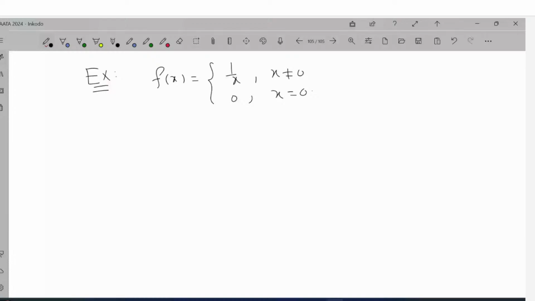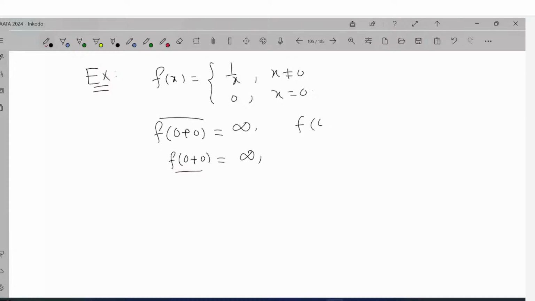So what will be f of 0 plus 0 upper bar? It will be infinity, very easy to see. And f of 0 plus 0 lower bar, it will be a positive number, so it will be infinity again.